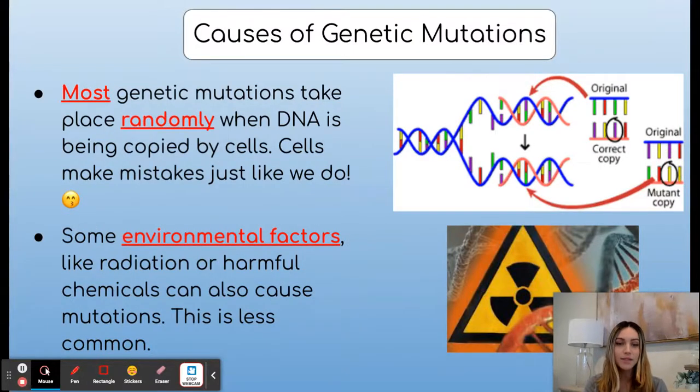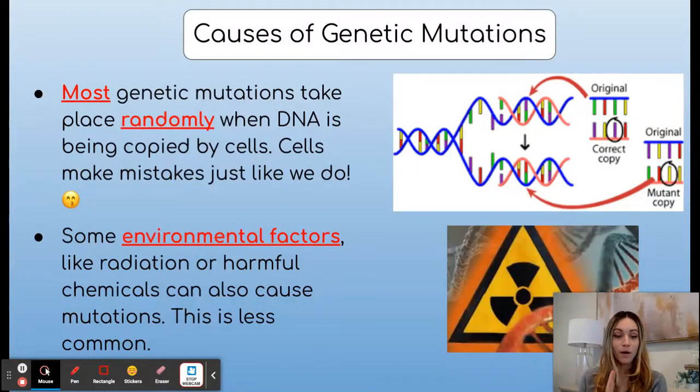Now, what causes these mutations to happen? I'll keep going back to the movies because that's where we hear this word. You've probably heard of Spider-Man being bit by a radioactive spider and that causes a mutation, or being dropped into a vat of some chemical causing a mutation. That's really not how mutations happen in general.